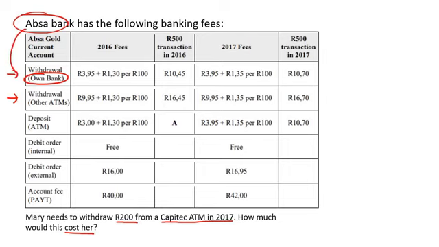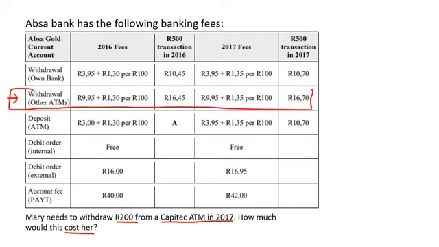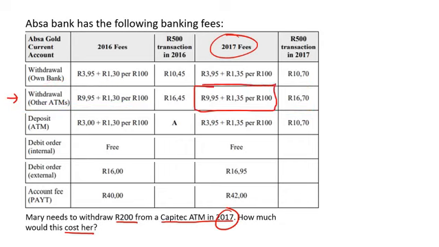Own bank would be ABSA, but any other bank like Nedbank, Capitec, FNB, then you have to go to the other ATM. So we're going to go to this row over here, and they said it's 2017, so we're going to look at the 2017 fees.